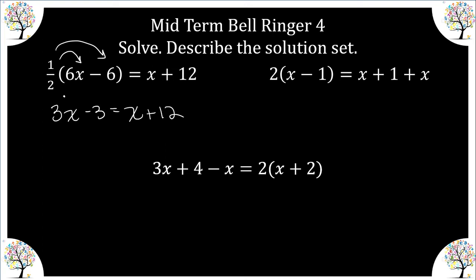Now, when you have variables on both sides of the equal sign, we need to address the variables before the constants. My rule of thumb is to get rid of the smaller variable. So I'm going to subtract 1x from both sides. Now we're solving for x, so we need to add 3 to both sides.